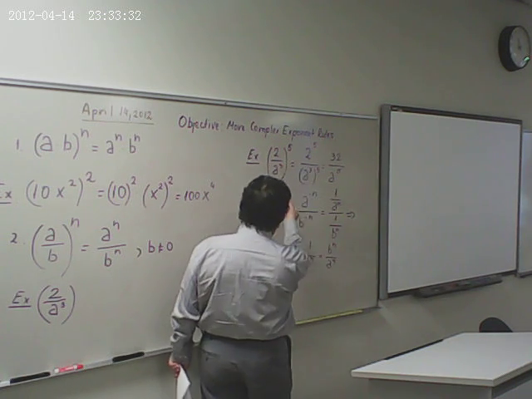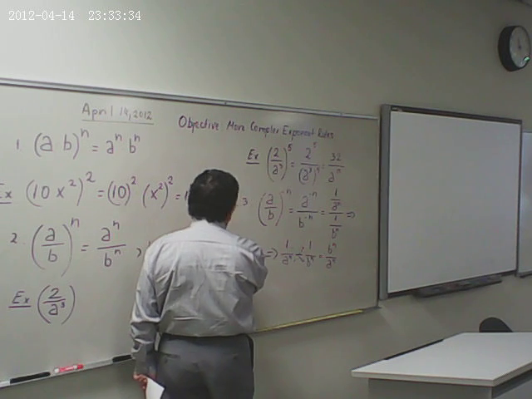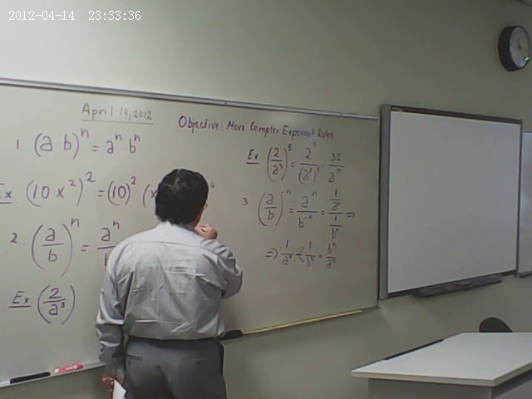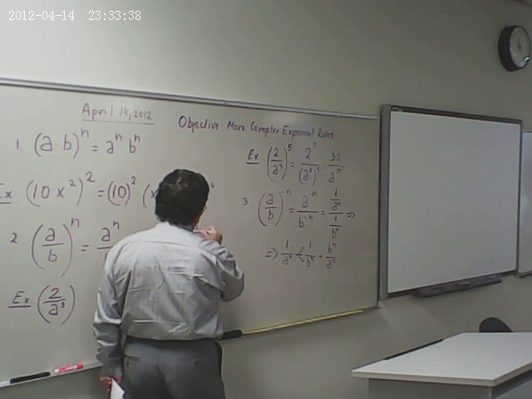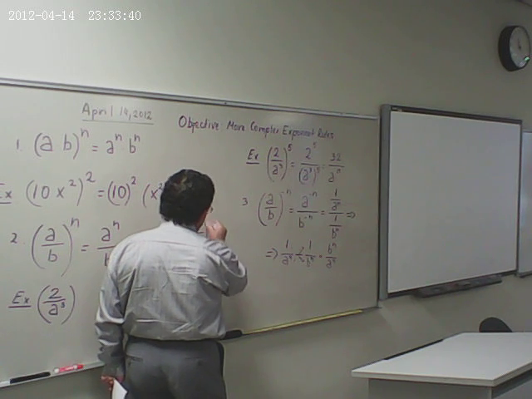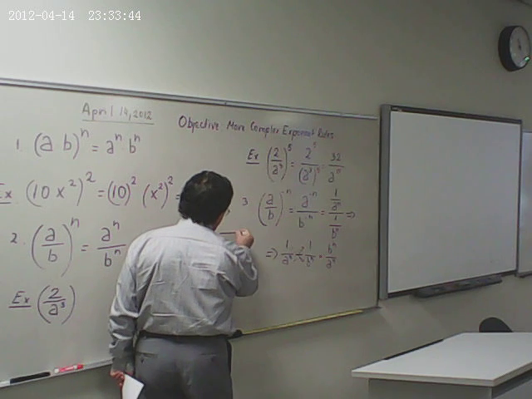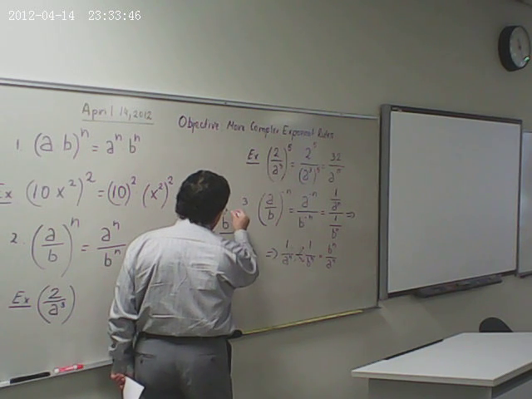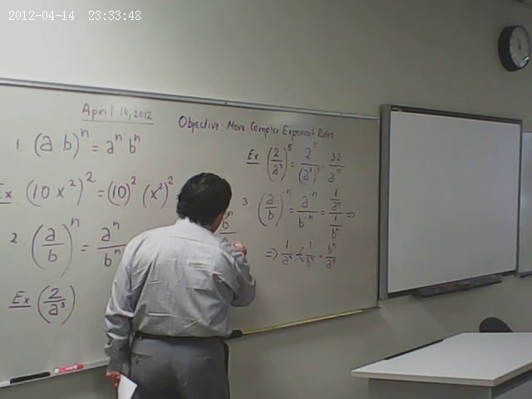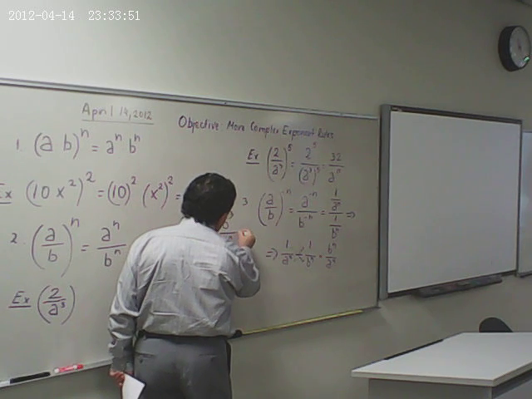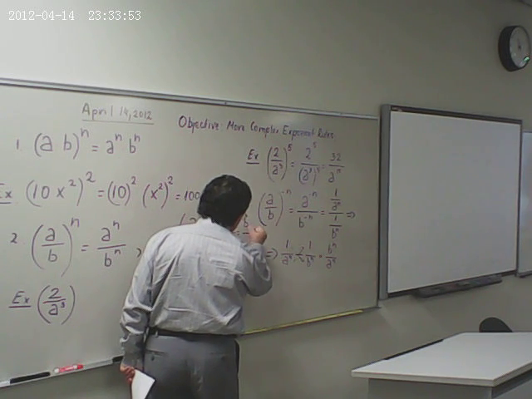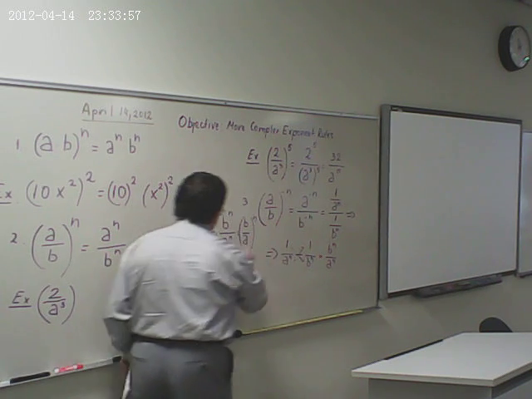So what happened to this formula? Look, we derived a brand new formula. Immediately you can write a over b with the exponent of negative n is equal to b over a, to the power of n.